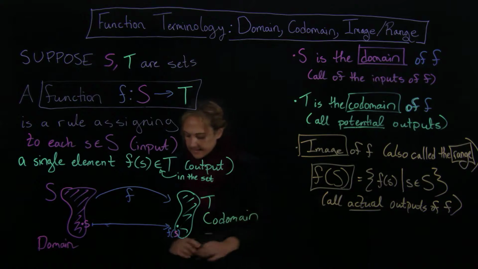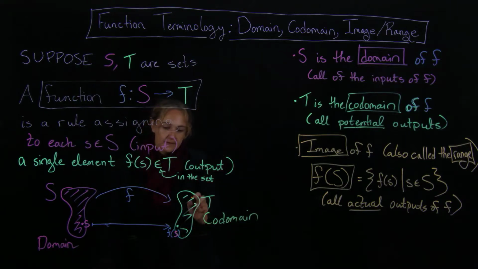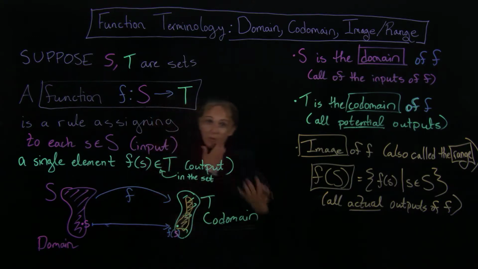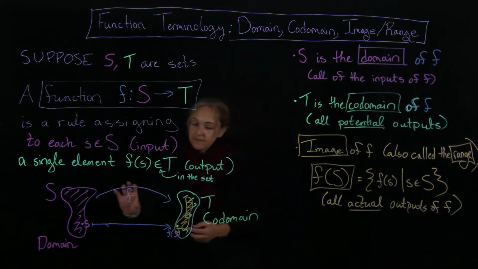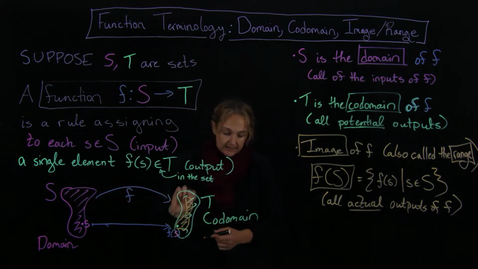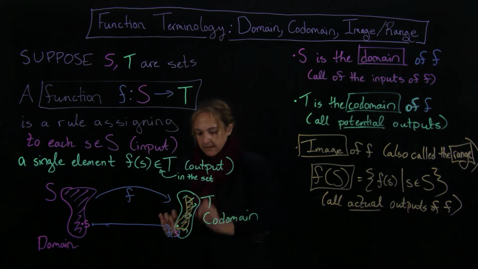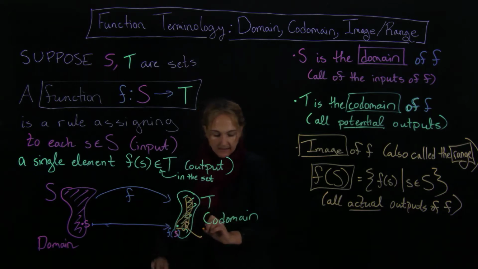And sitting inside of the codomain is everything that the function actually goes to. So it has to include that. Some portion of the codomain is everything that actually gets mapped to or hit. So this here is the image or the range.